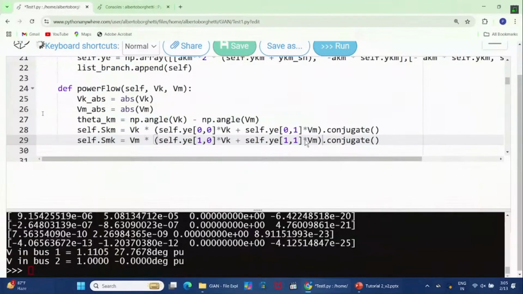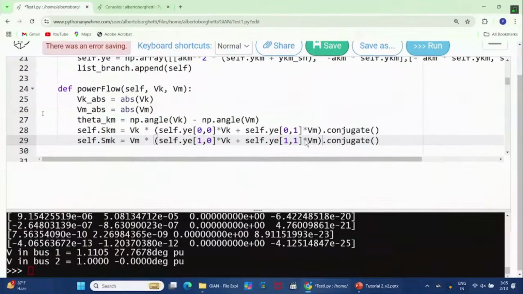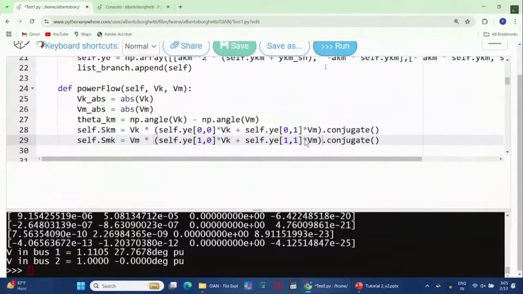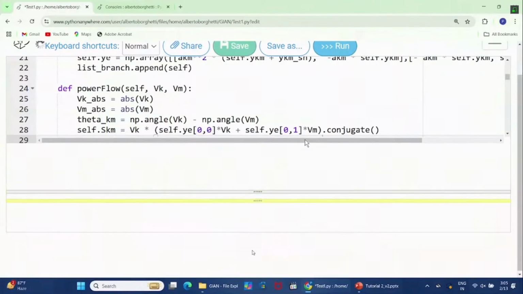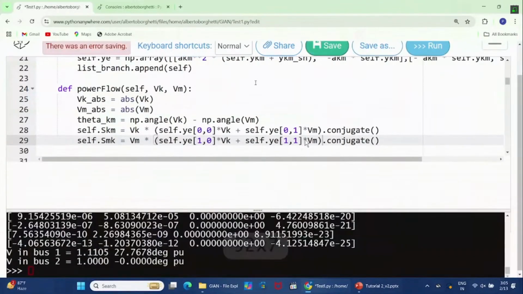Hopefully it's saving. No, it is not saving. The internet is not working, but I will complete the instruction after, so we can just check the internet connection, save and see.